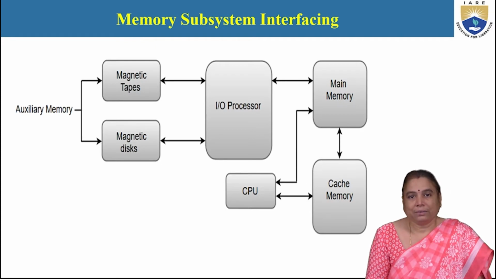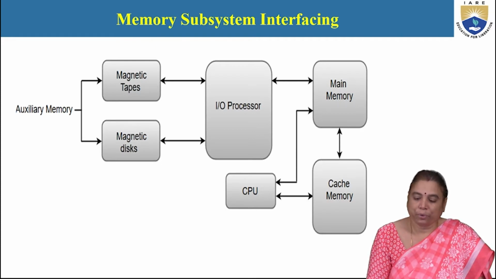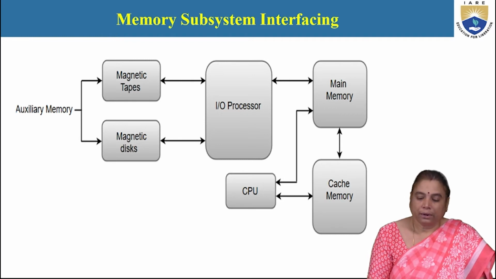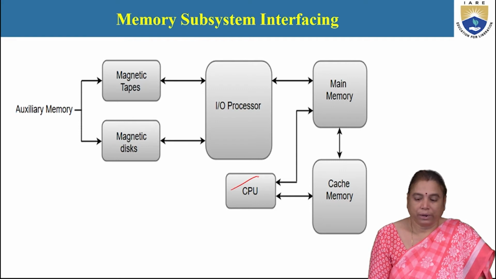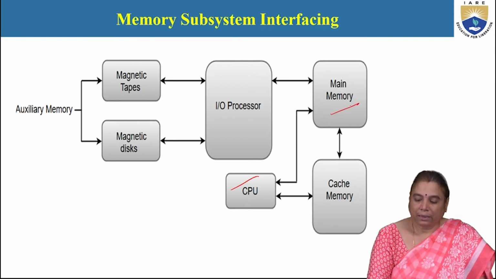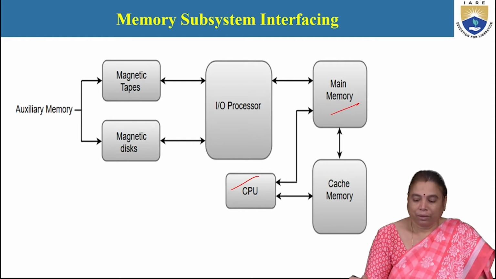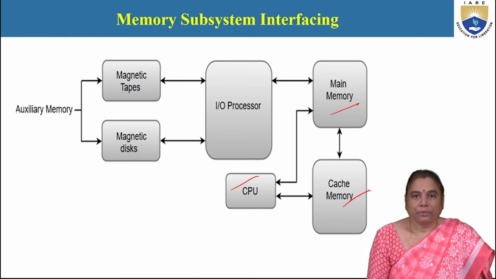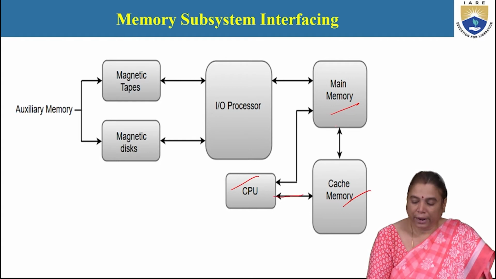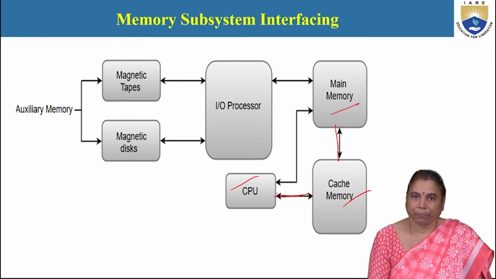How can these devices be connected with the CPU? Here, this is the CPU, central processing unit. The main memory is connected directly with the CPU. The first category is the cache memory. Cache memory is a small high-speed memory located between the central processing unit and the main memory.